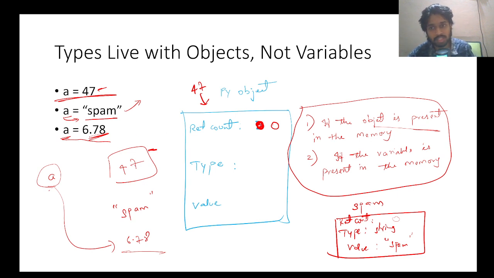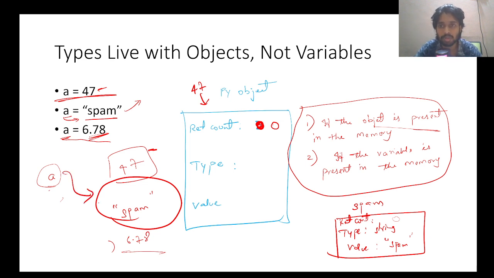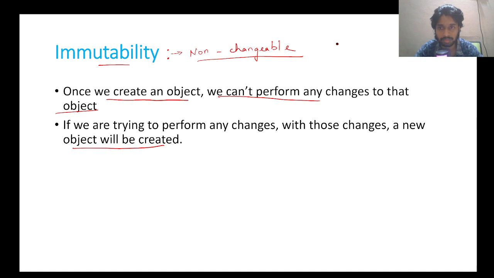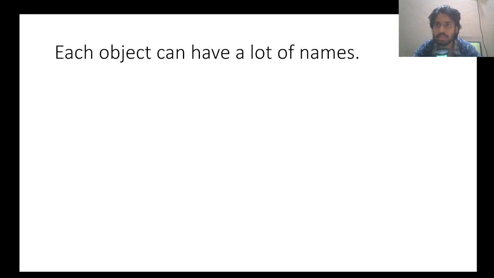If we try to change this object, then a new object will be created and it will get assigned to the name. If you're trying to perform any changes, a new object will be created. The previous object will be deleted from the memory by the garbage collector.